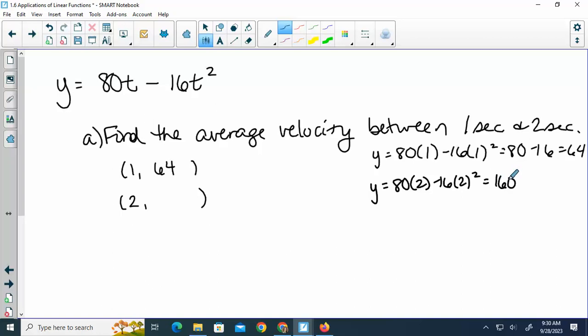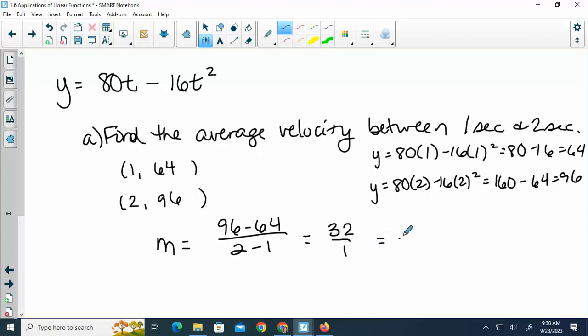I get 160 minus 64, or 96. So then average velocity is the slope between those: y2 minus y1 over x2 minus x1. I said the time was in seconds, and I should have told you the equation was in feet. So that's my average velocity.